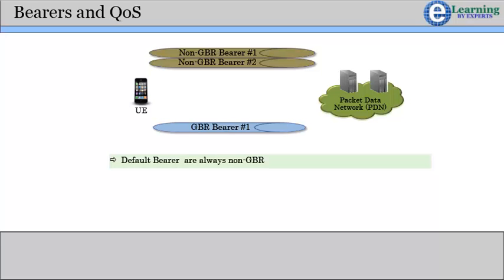As we delve into our discussion of bearers and QoS, it is important to clarify that QoS is defined for services, for example, internet, email, voice, etc. Bearers in the LTE network are established to support these services. LTE uses bearers to manage QoS.